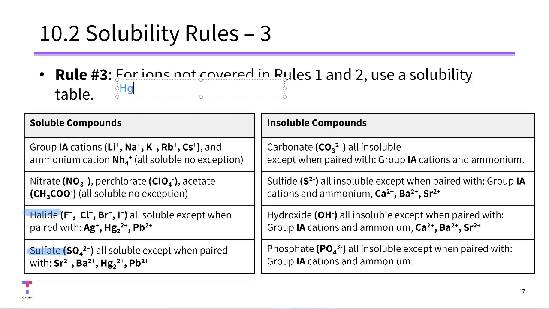If I take the H from the mercury, the A from the silver, and the P from the lead, I can draw out the word happy here to describe the exceptions to the halide rule. Halides are soluble unless they're happy.